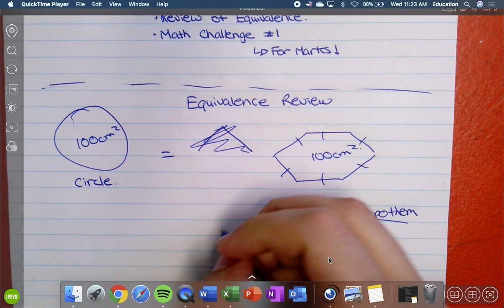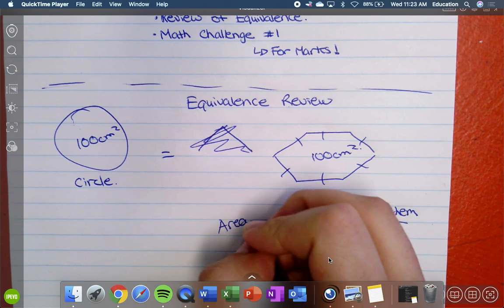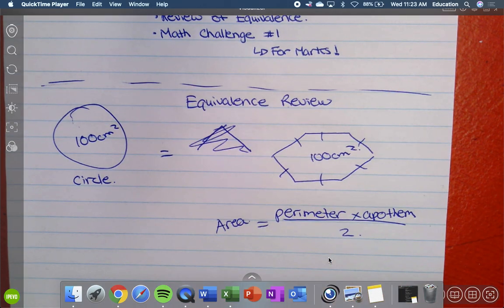This is the area. But in this case here, do I have either of those values? No. Right? So that means that we need to use trigonometry. Okay?